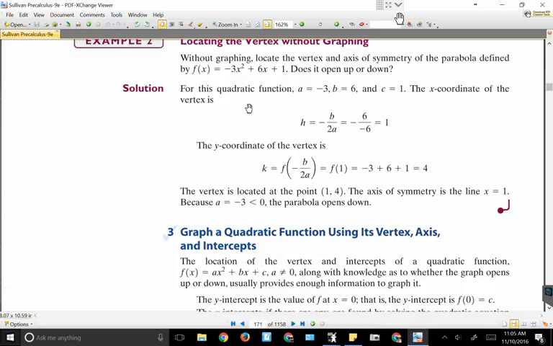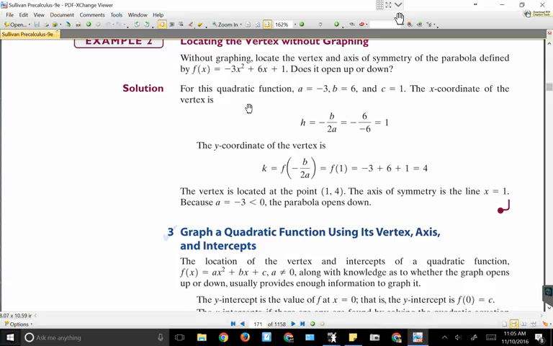Down. Because 1 comma 4, now mind you, I'm not drawing any of this out because we're playing with this in our minds. 1 comma 4 is up over here, right? And my y-intercept is below it. So that means it's going to have to open down towards it. Now that's generally what I like doing when I have to figure out which way this thing is open.